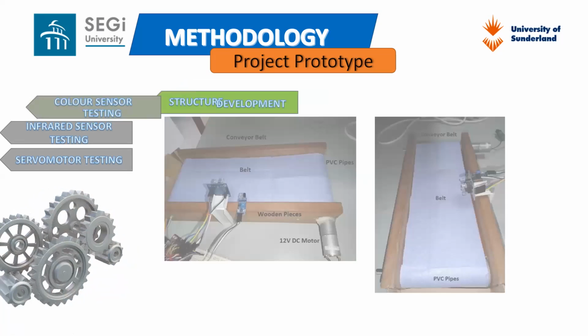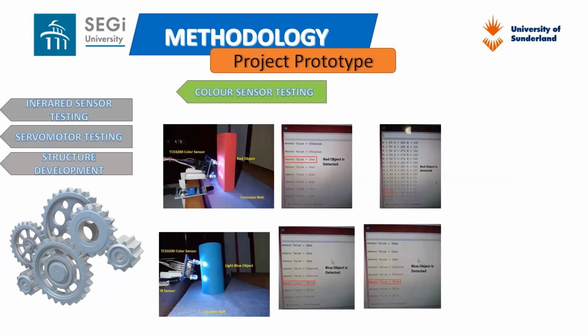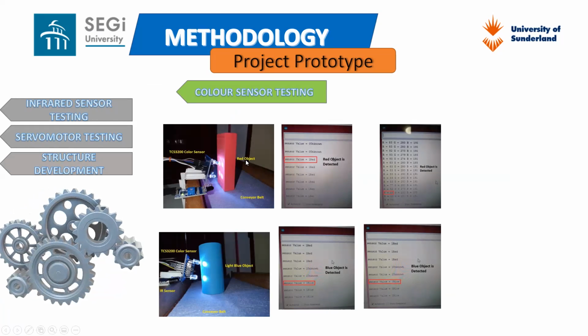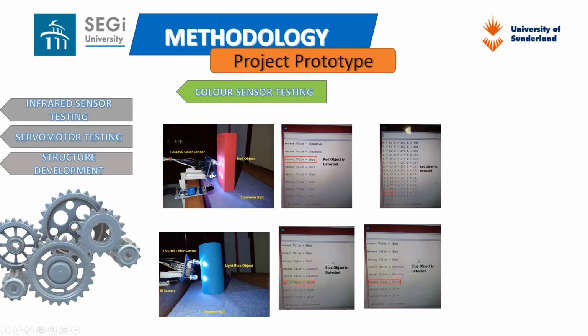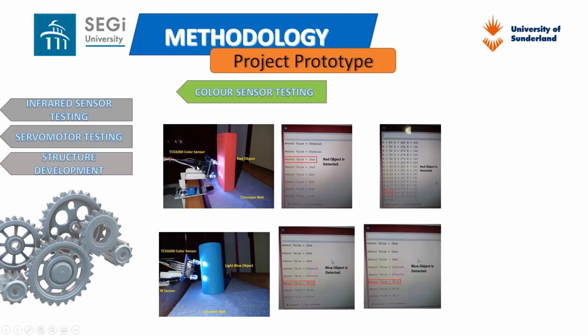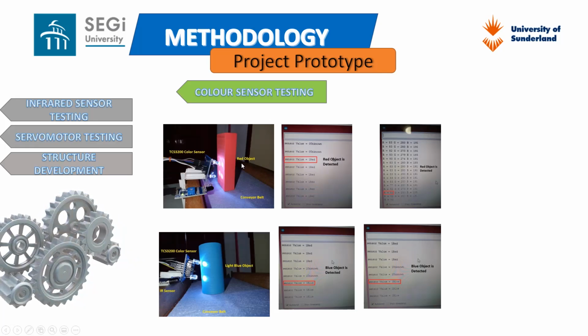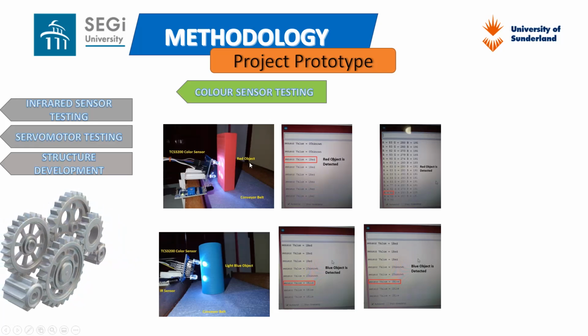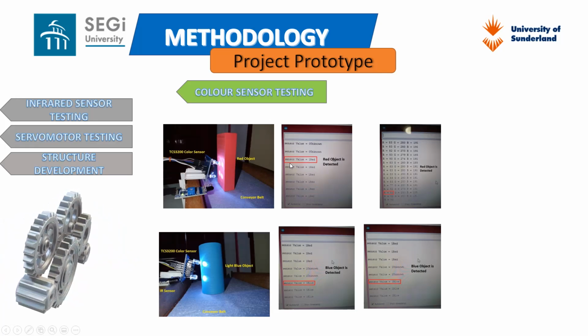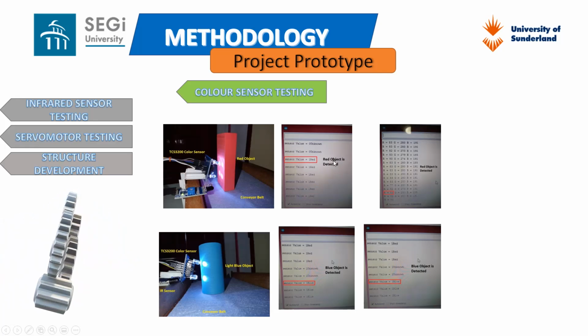The next one is the color sensor testing. I just put the red block inside the TCS color sensor. I want to show you that the sensor detects the red color. You see, the red object is detected.